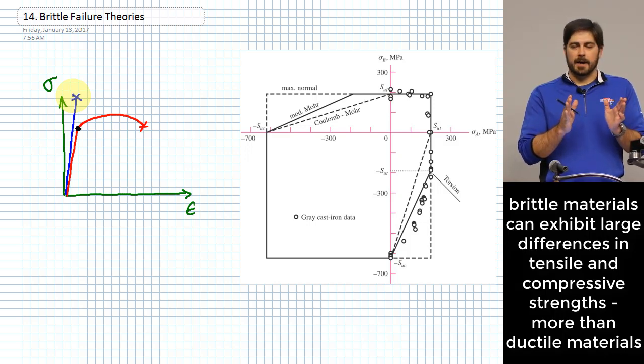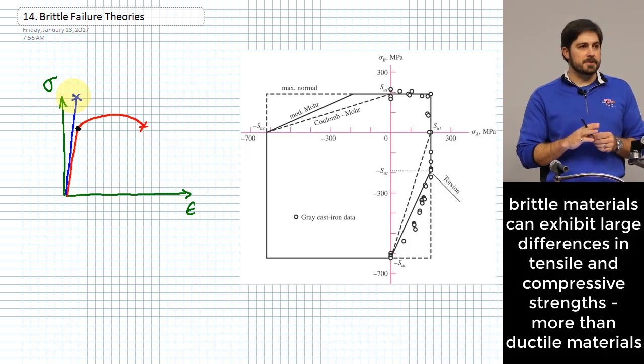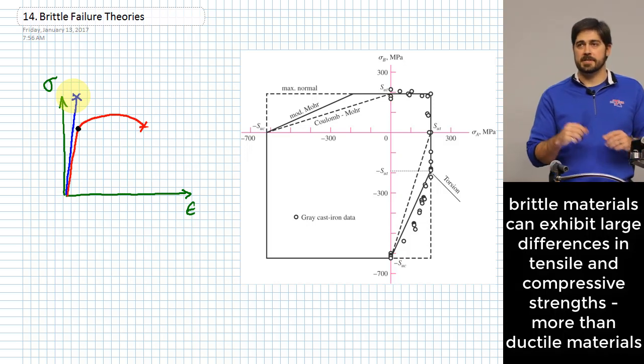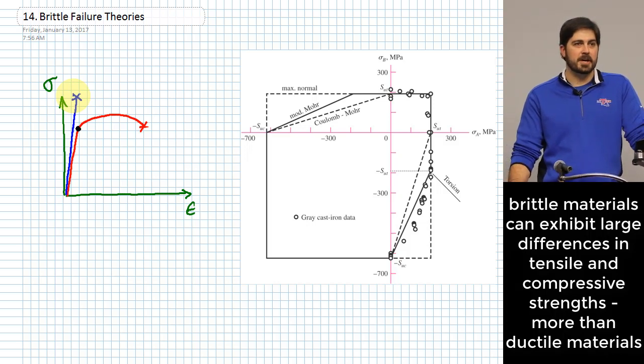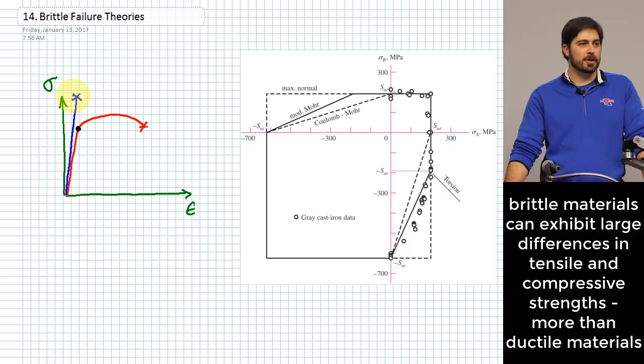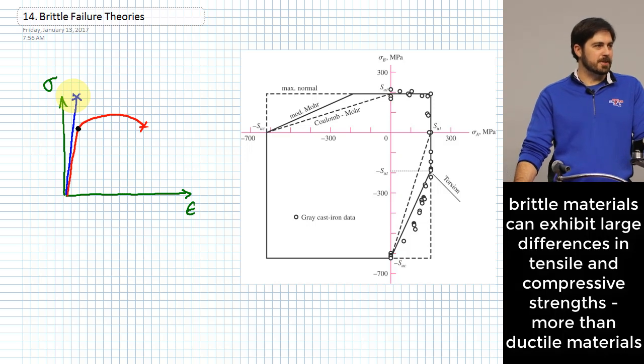Whereas once we go to brittle materials, it becomes much more common to have different properties in tension versus compression. One of the things we'll see in today's example toward the end is that the amount of difference between the properties in tension and compression can actually be very significant. So that's going to be interesting today.